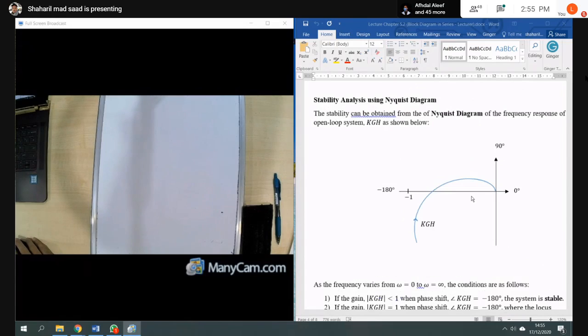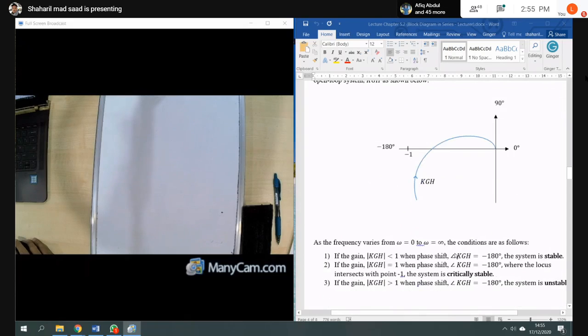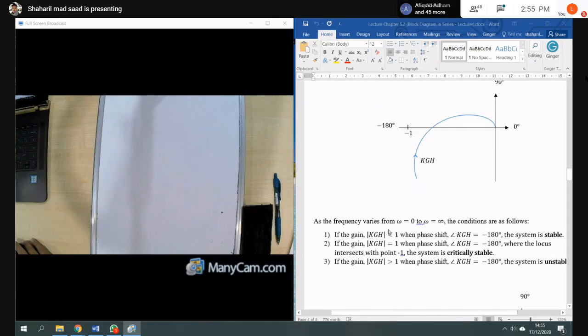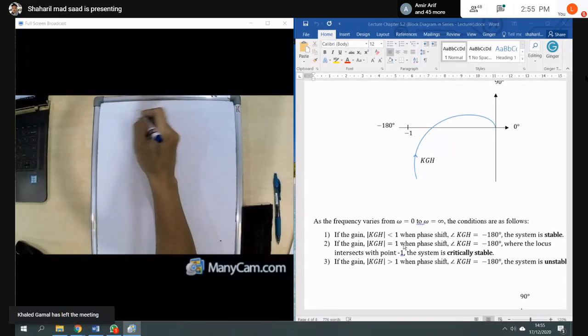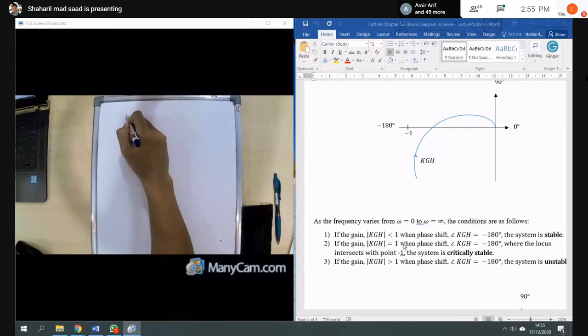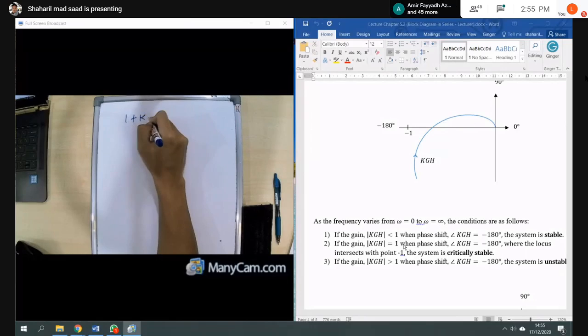Right now we draw our Nyquist diagram based on the KGH, the open loop transfer function. So as the frequency varies from omega equal to 0 to omega equal to infinity, the conditions are as follows. If the gain, 1 plus KGH, is less than 1, actually, how can you get it less than 1, equal to 1? Do you remember this equation, right?